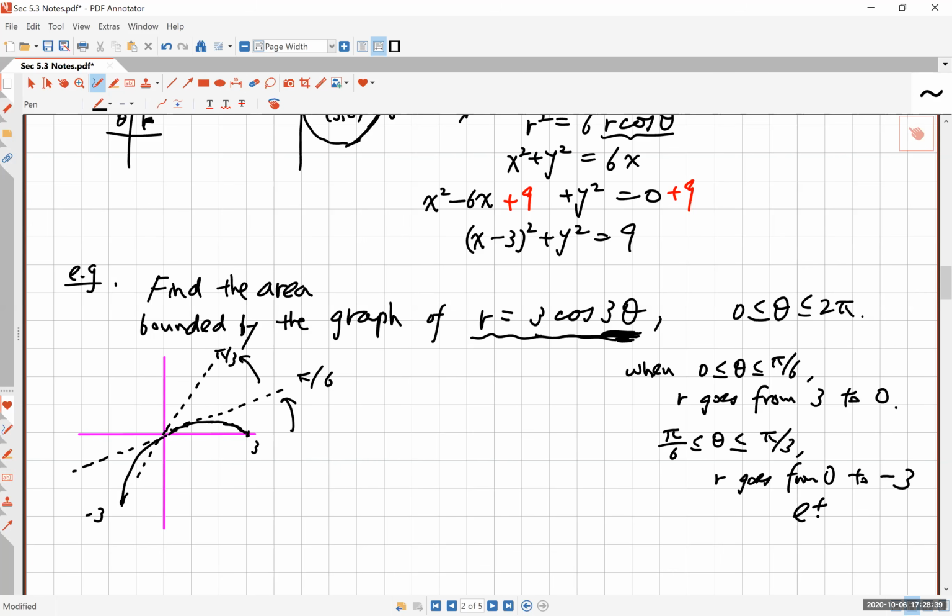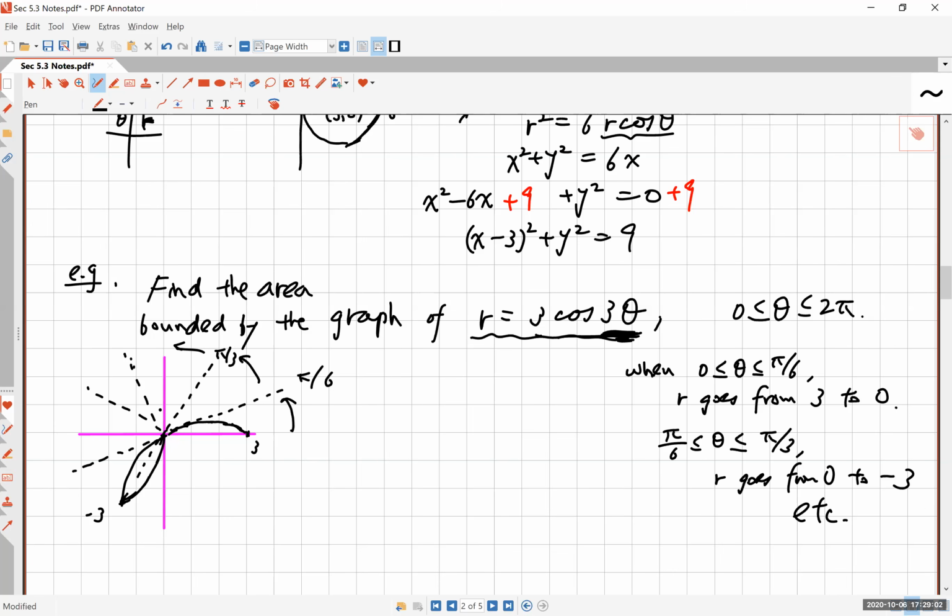And by the way, for the next 30 degrees, or the next pi over 6, the cosine will still be negative, but then it goes back from negative 3 to 0. So it'll go back like this. You can try to figure this out, but maybe you get the idea.